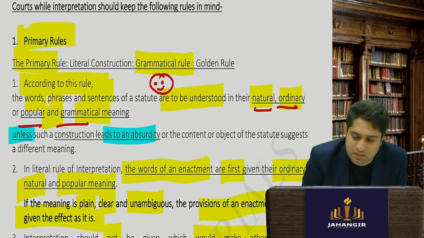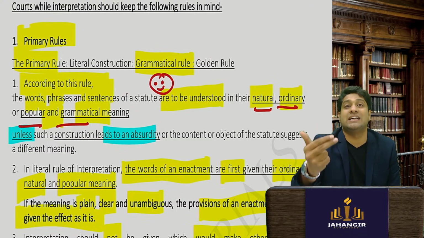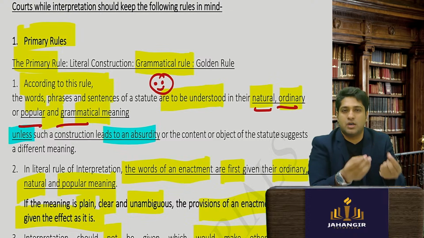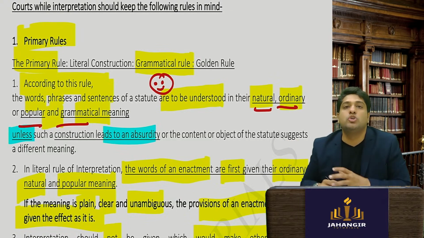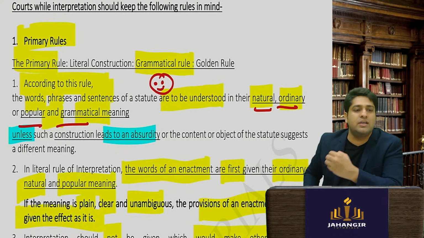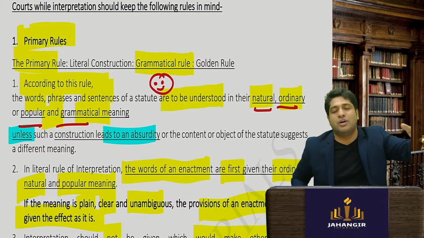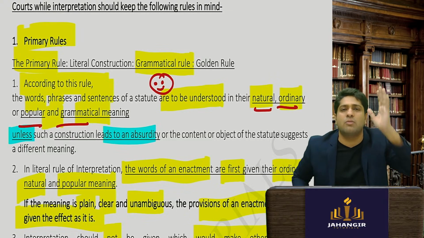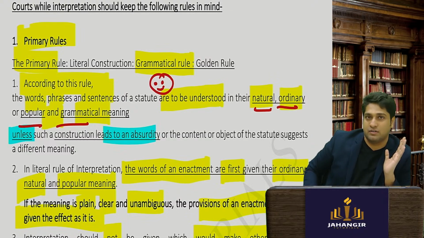The primary rule says that the words, phrases and sentences in a statute should be understood in their ordinary, popular and natural or grammatical meaning. Means what? For any word, section or phrase in the act, we will apply the normal dictionary meaning.